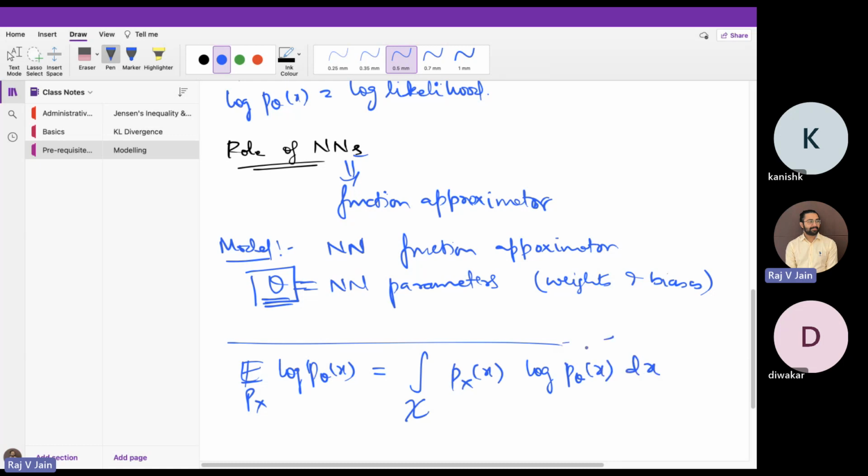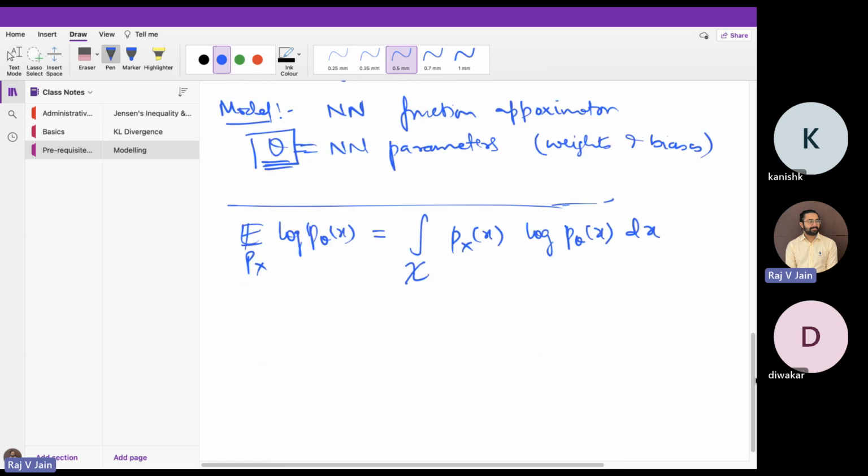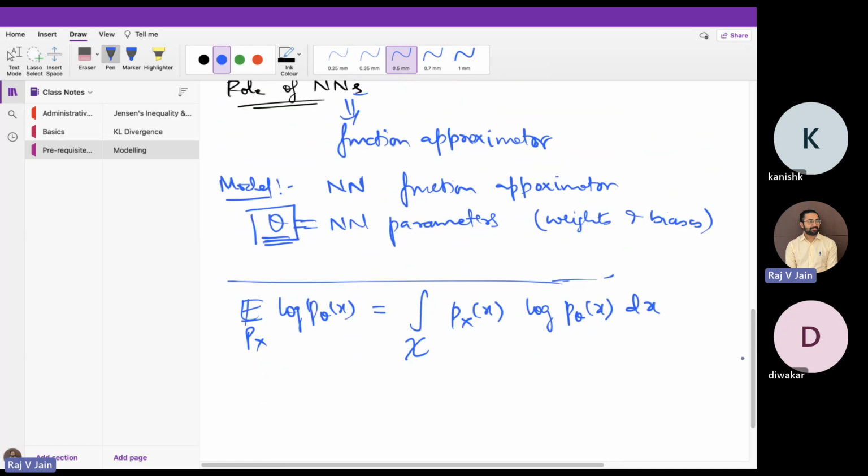So can anyone see what the issue is in this formulation? Can I just go ahead and do this integral as it is?